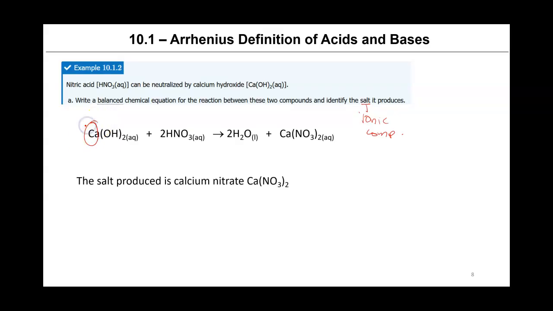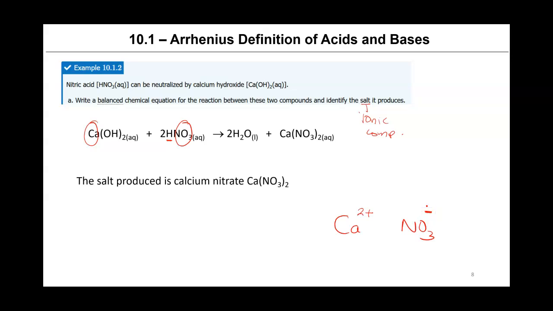So the base always provides the cation, and calcium's in group 2A, so it must be a 2+ cation. And then our acid always provides the anion. And the easiest way of getting the charge on the anion is to look at the number of hydrogens that are in the acid. And every hydrogen will give you one negative charge.